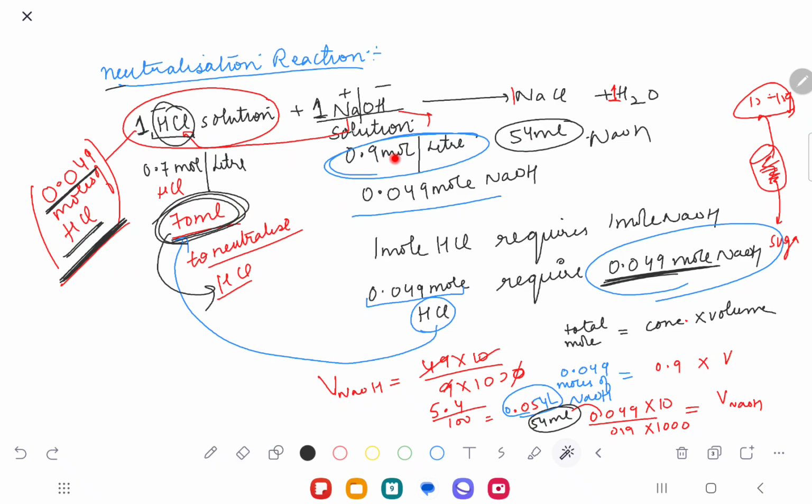You would be requiring 70 ml of each only when their concentrations are the same. But if their concentrations are not the same, then the one which is more concentrated, whose amount is more per liter, you would be requiring in less quantity to neutralize the one which is present in more quantity. Understood or not? So this is the basic concept of neutralization.